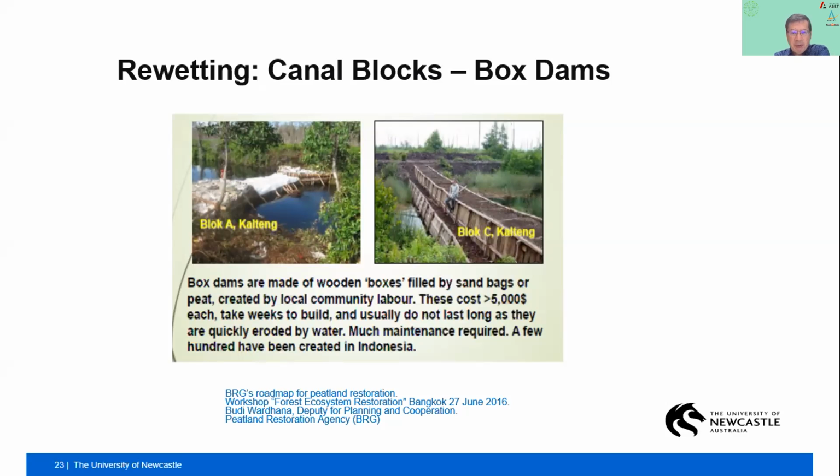The cost is about $5,000 each. They take weeks to build and are not that stable, but can be readily put in. I did one of these, learning about this box dam in Malaysia a few years ago, and to see how they block the canals to restore the water table.